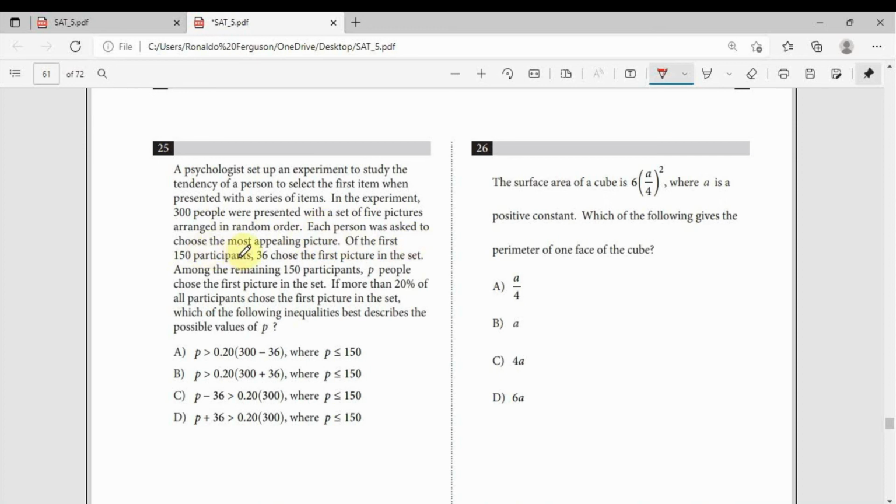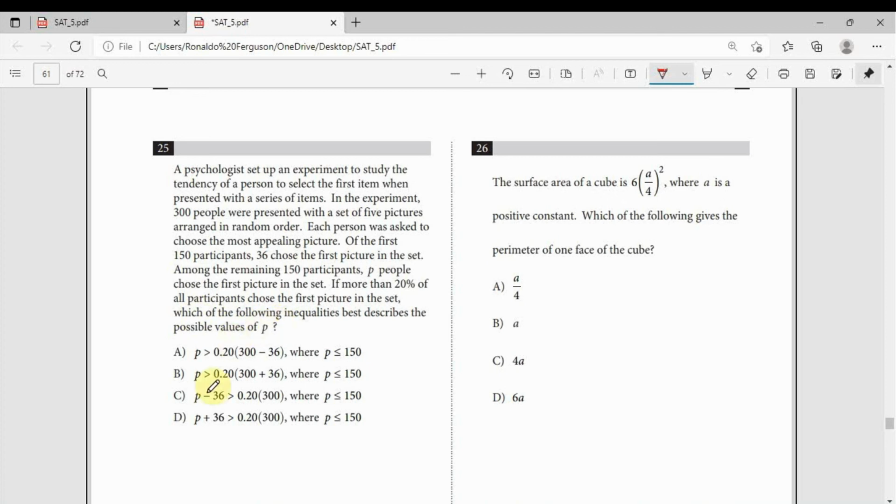Of the first 150, 36 chose the first picture. Among the remaining 150, P people chose the first picture in the set. If more than 20% of all participants chose the first picture in the set, which of the following inequalities best represents the possible values of P?